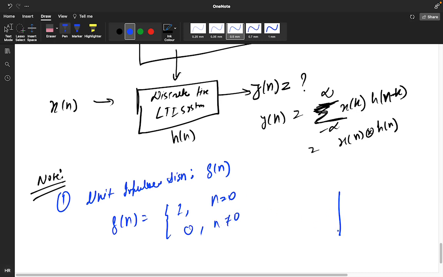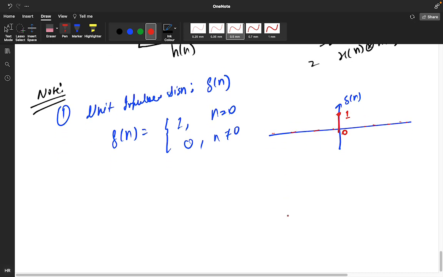So you get 1 at 0, and the rest of all the values will be 0. Second example: if x of n is equal to 5 delta n plus 3, what is the meaning?